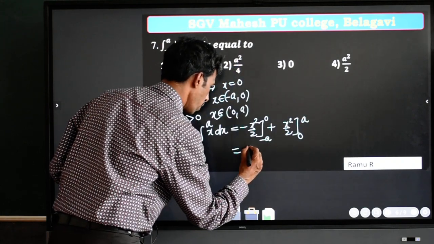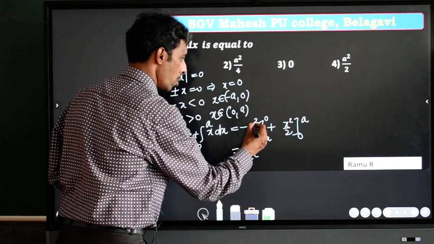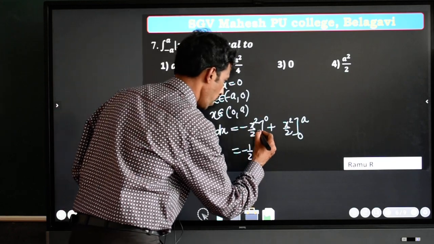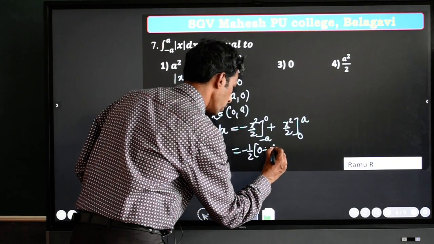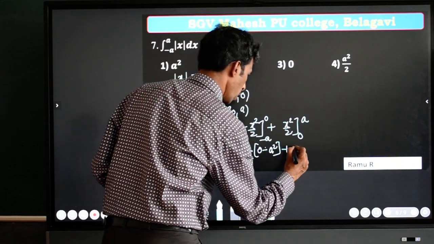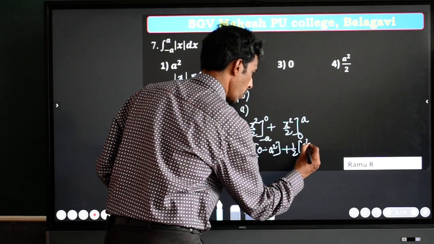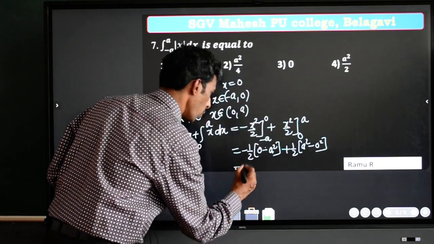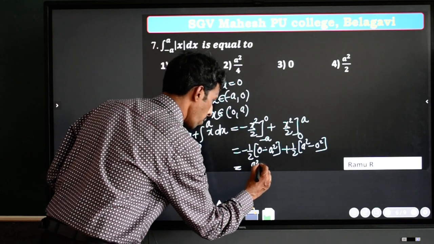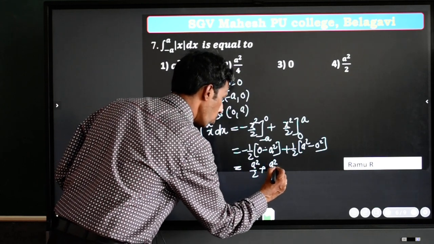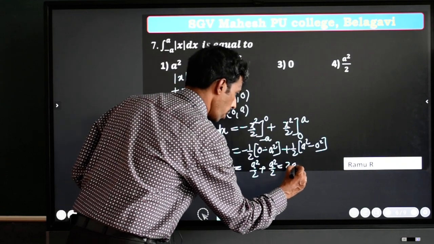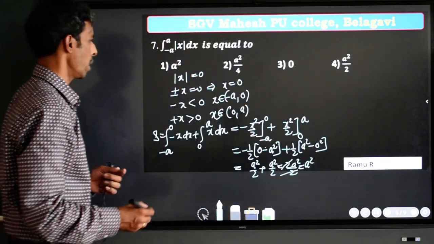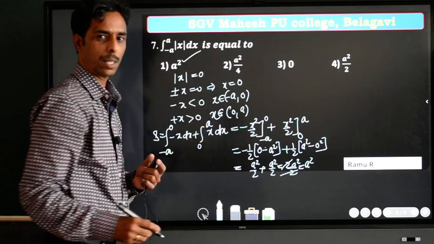This is equal to minus 1 divided by 2, taking it outside: 0 to the power 2 is 0, minus a square, plus 1 by 2 a square, minus 0 square. This is equal to minus a square, minus into minus plus a square divided by 2, plus a square divided by 2. 2 times a square divided by 2 is there. Therefore it can be written as just a square, since 2 and 2 cancel from numerator and denominator. Among the 4 options, the first one is the correct answer.